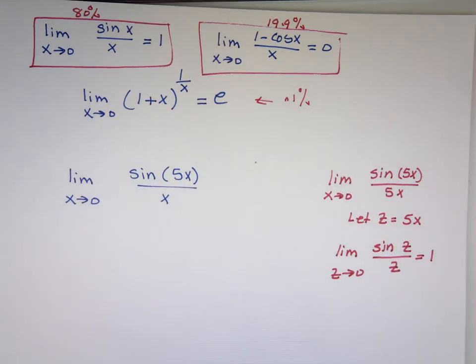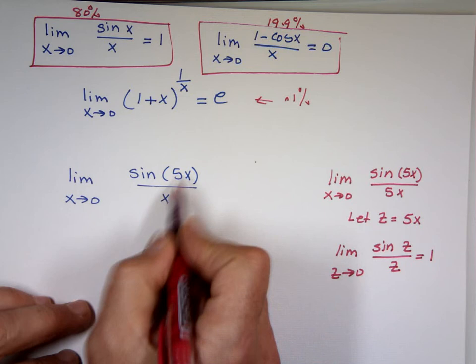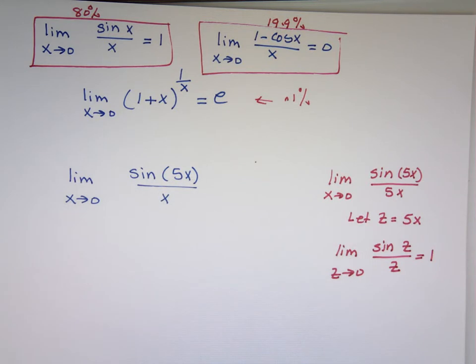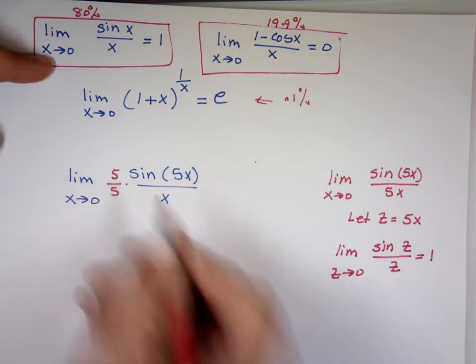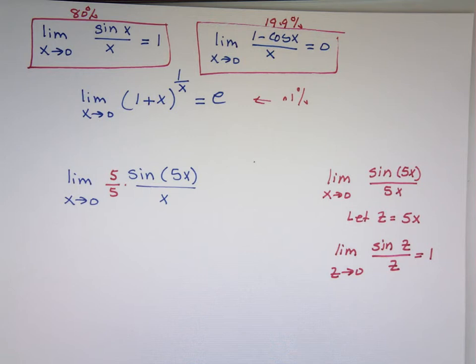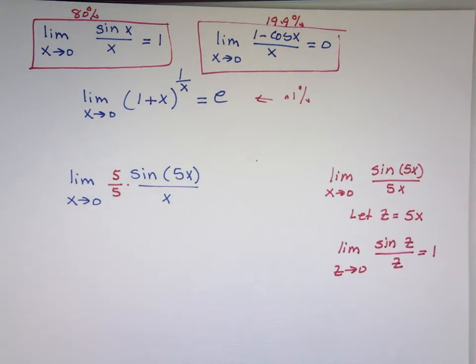Well, these two are not the same. Can I make them the same? It's a fraction. Multiply the top by 5 and the bottom by 5. Right? Doesn't change the fraction. But now you want to take the 5 out? You can take this 5 out, but not that 5.